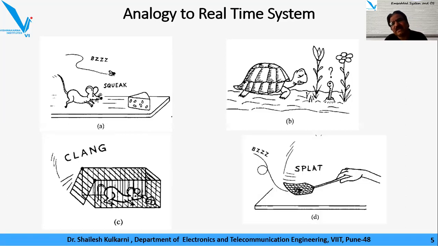The next diagram is again very interesting, and it again indicates the timing of an operation. If you want to hit this mosquito with a plant, then irrespective of n number of times that you hit, unless the timing is matched, you will not be able to carry out the operation. These 4 diagrams or 4 analogies necessarily dictate the basic characteristics of real-time systems.